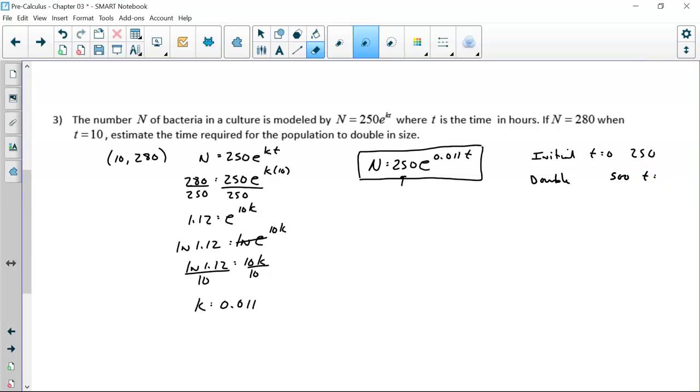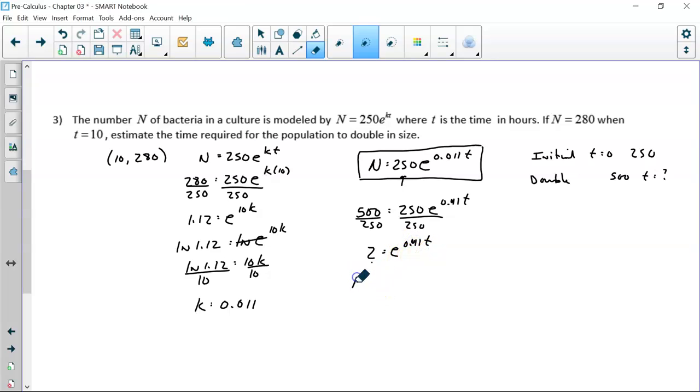We need to find out how long, what t equals. So 500 equals 250 e to the 0.011t. Divide both sides by 250. 2 equals e to the 0.011t.